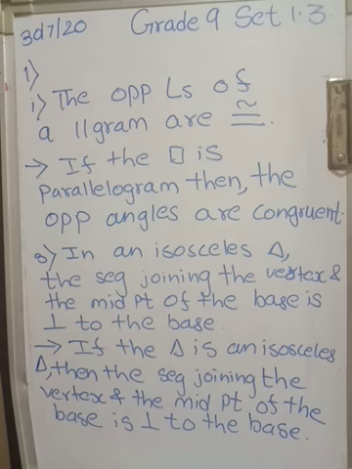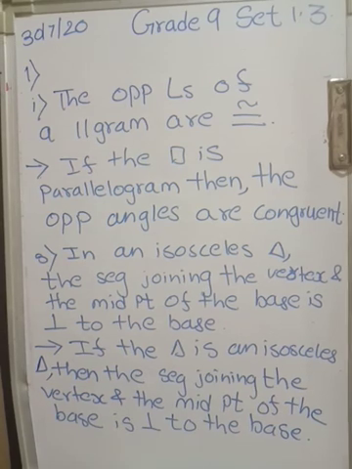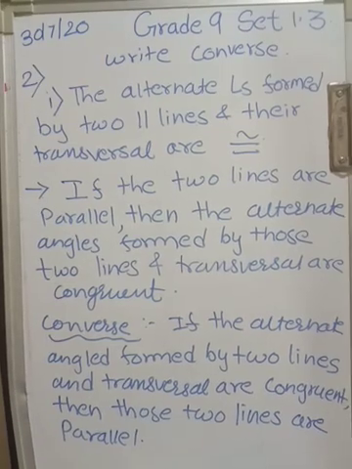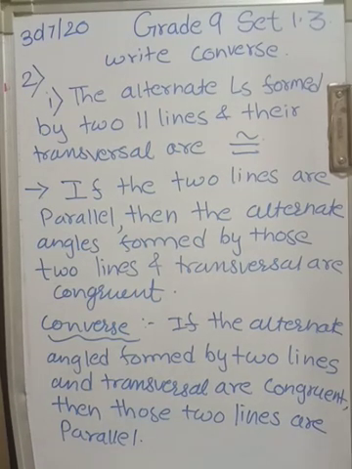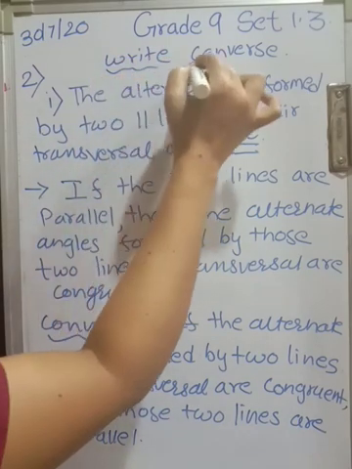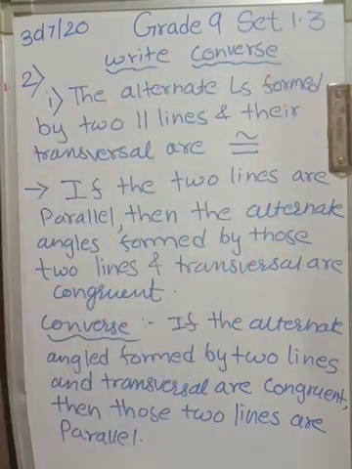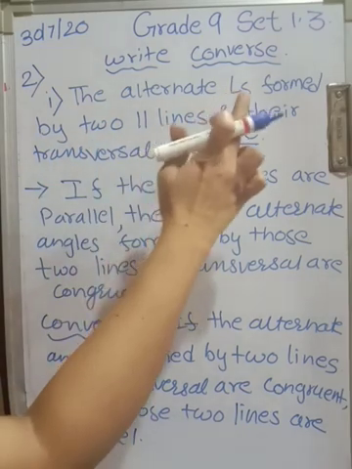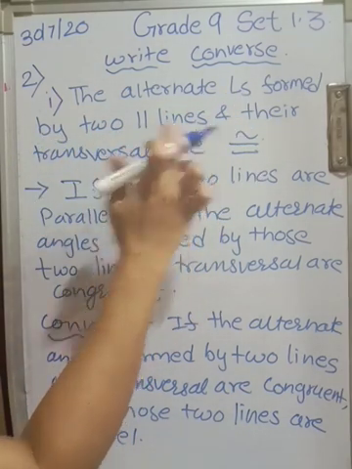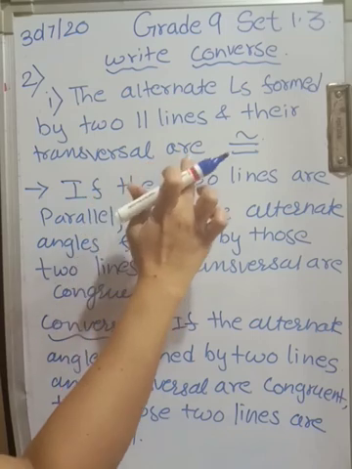Now let's go for the second, that is how to write the converse. Now look at the second question where it says write converse of the following statements. Now see students, the first example is the alternate angles formed by two parallel lines and their transversal are congruent.